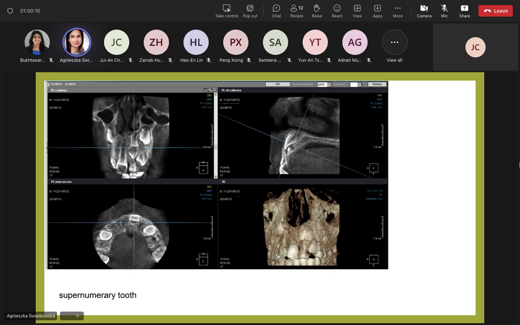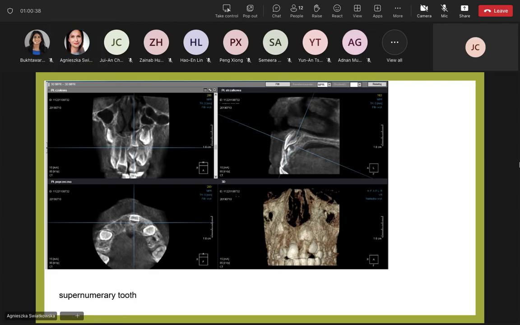Sometimes I had this kind of situation that I don't see the additional tooth because it was so small on the orthopantomogram, but when I make a CBCT, this tooth was visible, especially if it's only at the stage of formation, because sometimes we have such a small part of the crown.